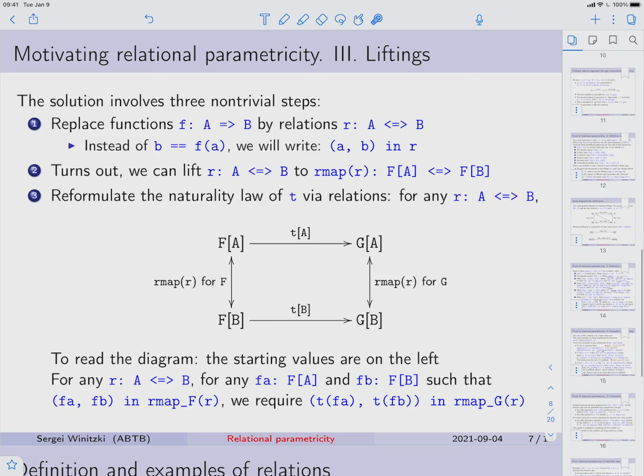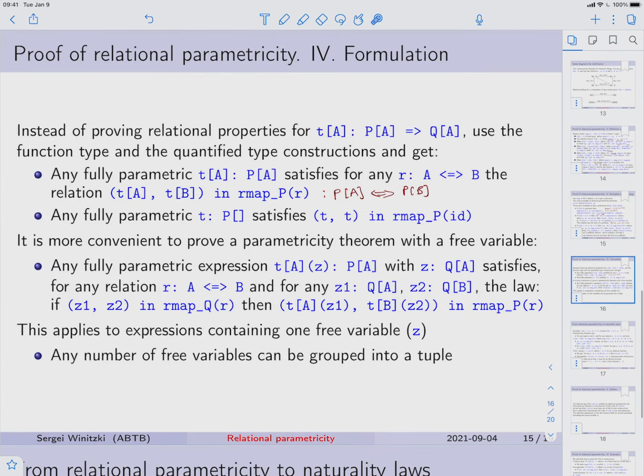That is equivalent, but we will have to deal with this as one of the induction cases. So our formulation will become just like this.